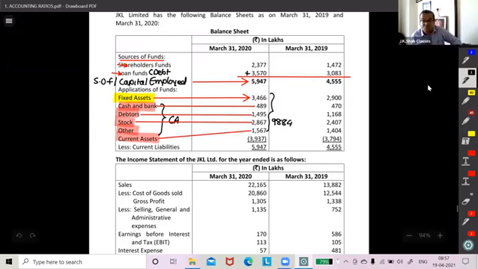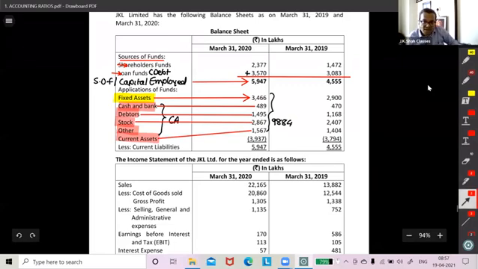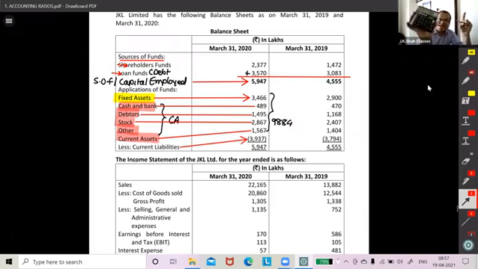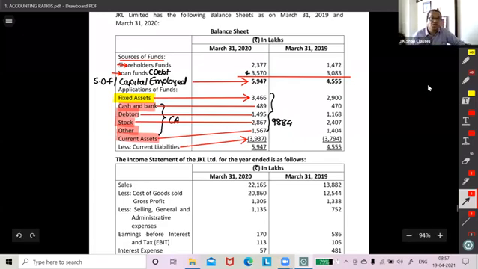Current liabilities are this. So from this 9884 of total, you subtract this 3937, then you will get 5947. That 5947 is your final answer.